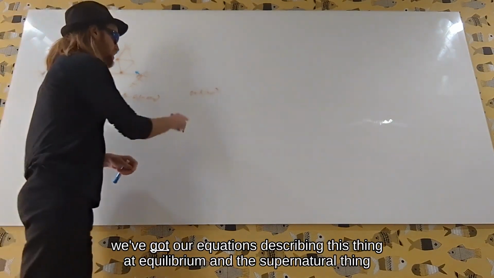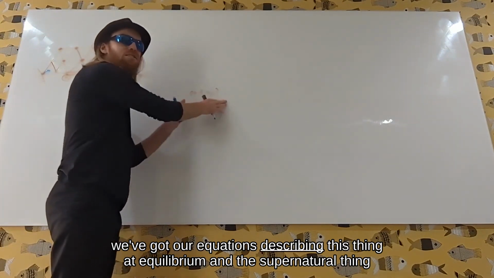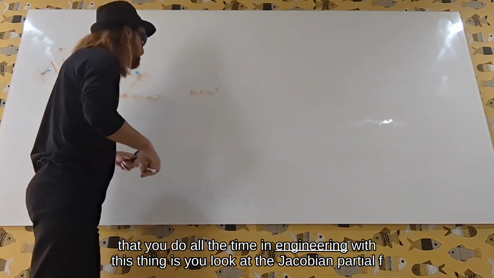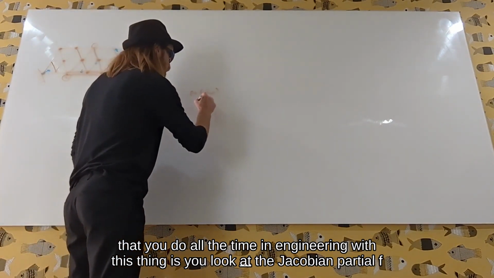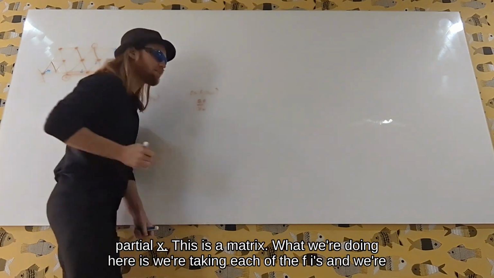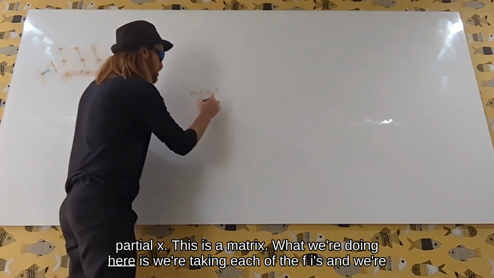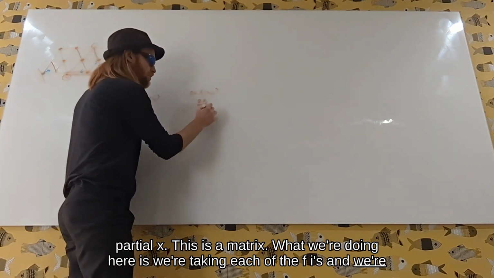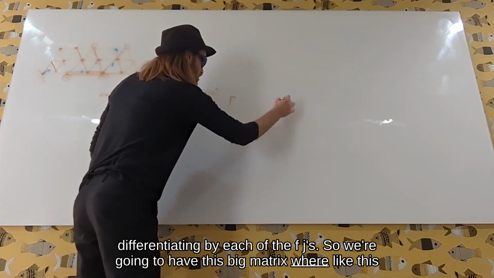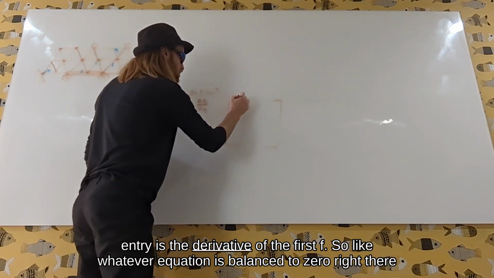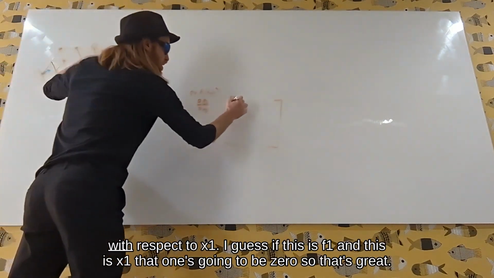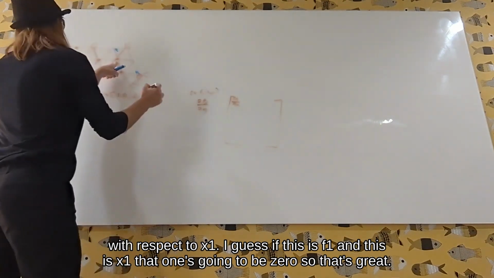So anyway, we've got our equations describing this thing at equilibrium. And the supernatural thing that you do all the time in engineering is look at the Jacobian, partial f, partial x. This is a matrix. What we're doing here is taking each of the f_i's and differentiating by each of the x_j's. So we're going to have this big matrix where this entry is the derivative of the first f, whatever equation is balanced to 0 right there, with respect to x1.